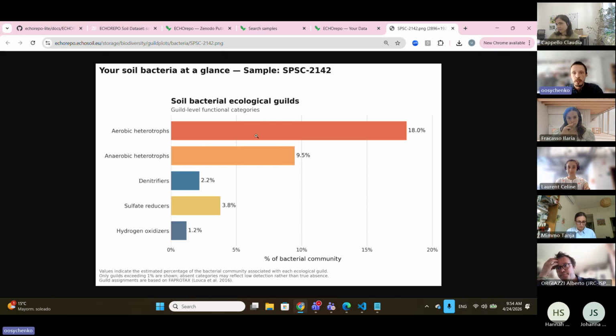So, for example, this is the response to this sample. These are, of course, downloadable, and they are generated automatically based on the raw data available for this sample.